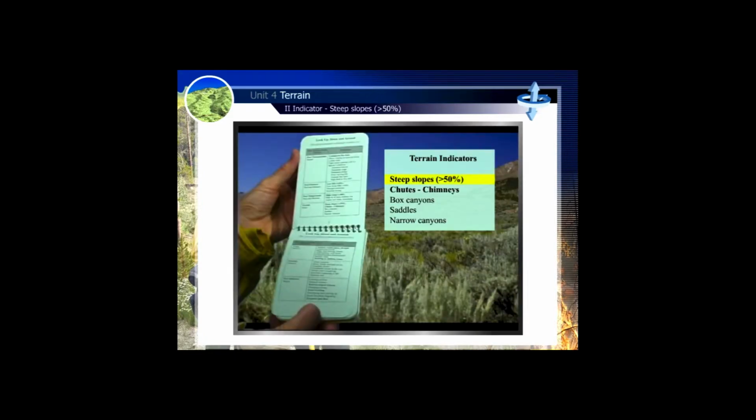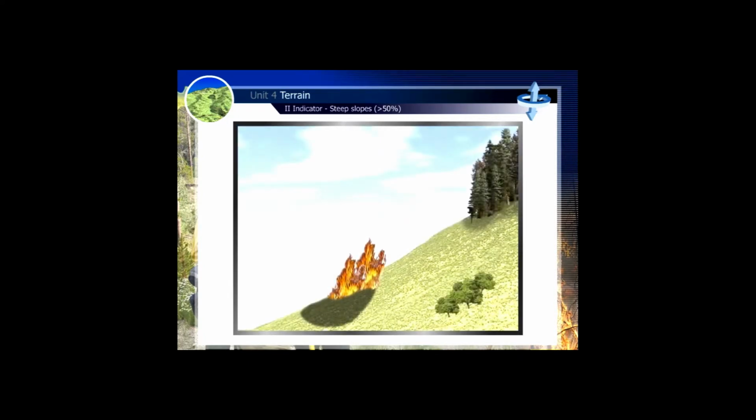Steep slopes, greater than 50%, are an important indicator of potentially hazardous conditions. Anticipate rapid rates of spread because of flame contact and heat transfer to new fuels.